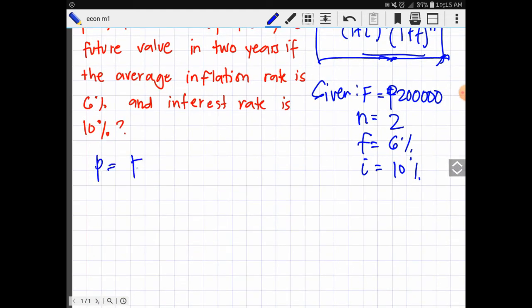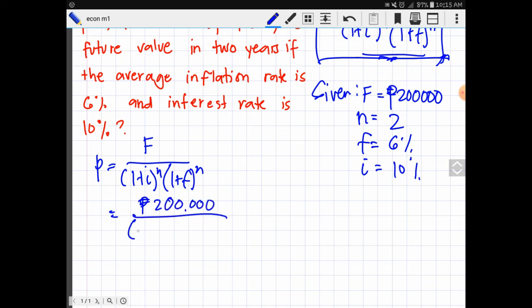We are looking for P. That is F over the quantity 1 plus I raised to N multiplied by 1 plus F raised to N. F is 200,000 pesos, all over the quantity 1 plus I, which is 10%, raised to 2, multiplied by the quantity 1 plus 6% raised to 2.